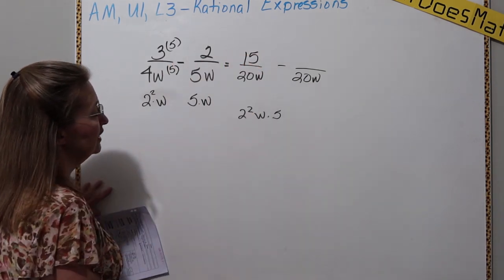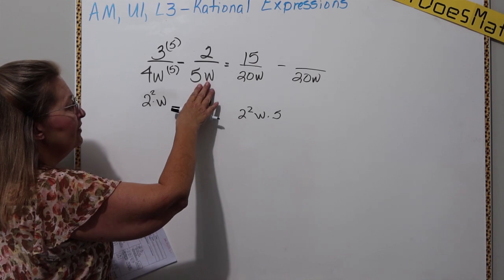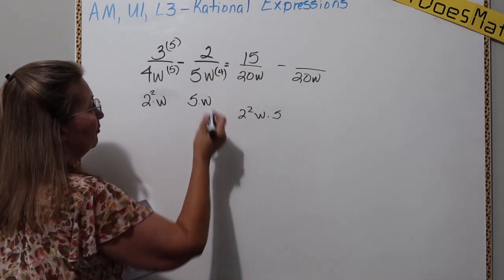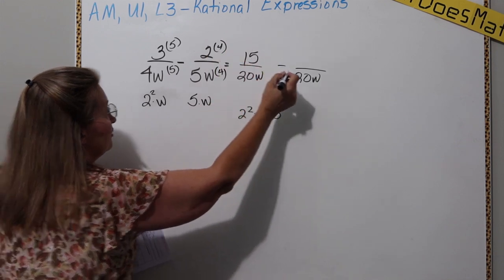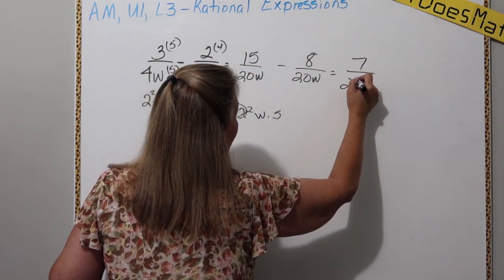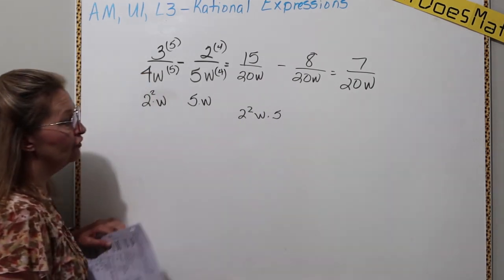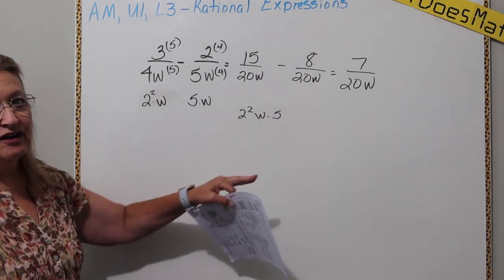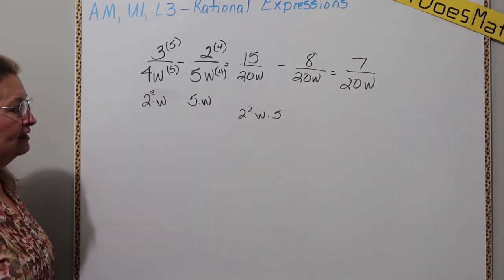So that gives you 15. Now what did you multiply this denominator by to get 20w? That one was multiplied by 4, so you got to multiply this by 4, so you get 8. So your final answer is 7 over 20w. Now, if it needs to be factored and reduced, you would do that at this point.